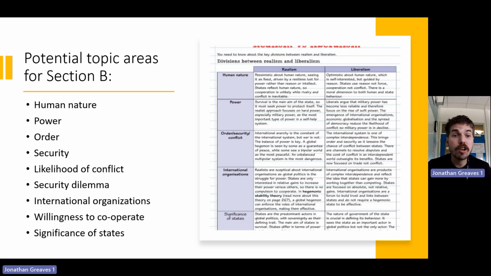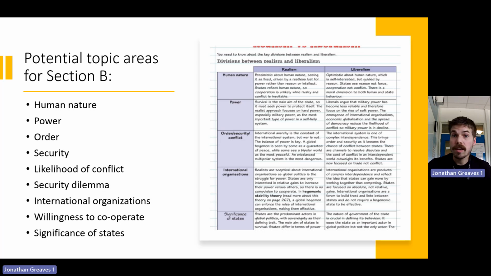Realists are less willing to cooperate than liberals due to human nature, etc. We could do this all day. Realists and liberals disagree on things fundamentally because of a difference in perception about what human nature is. So the first paragraph about human nature is a good way to start.